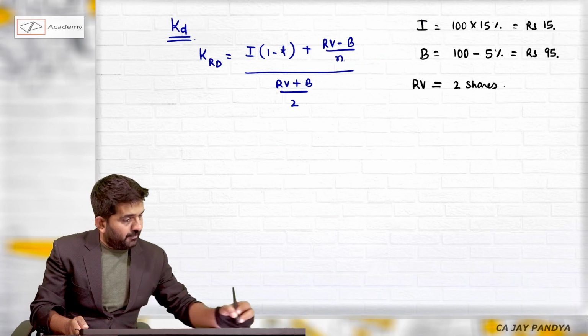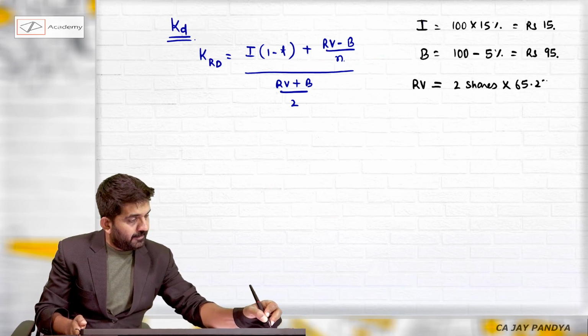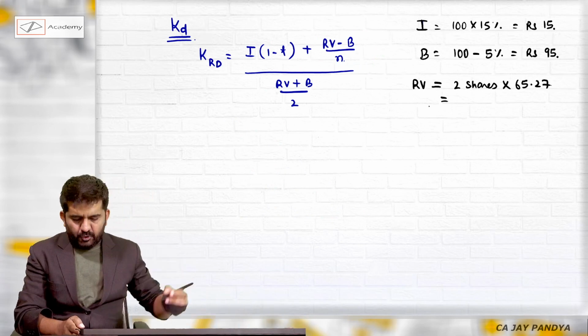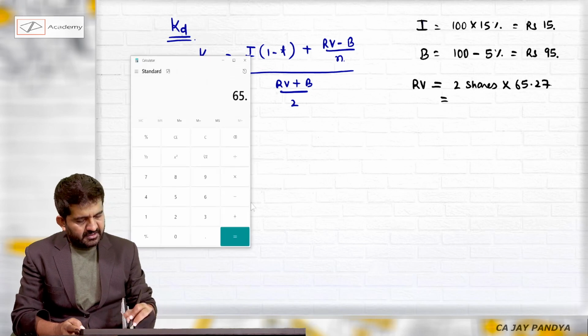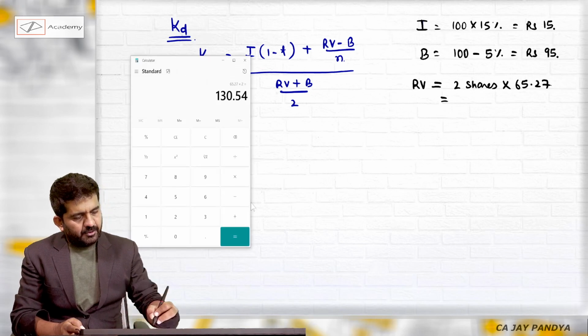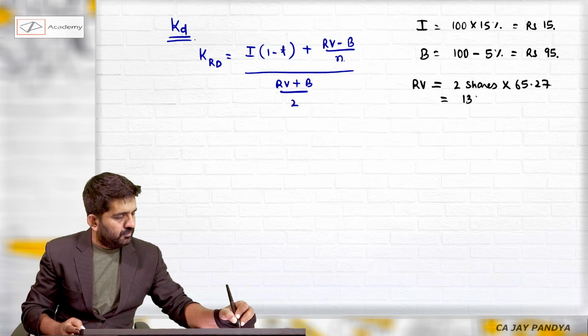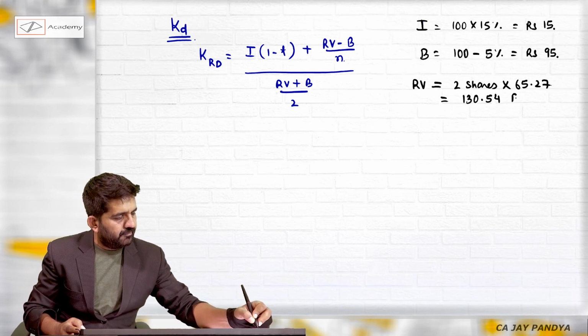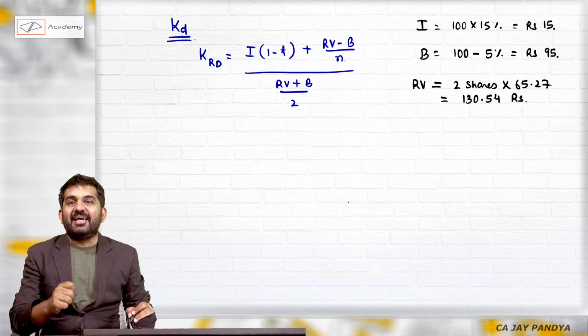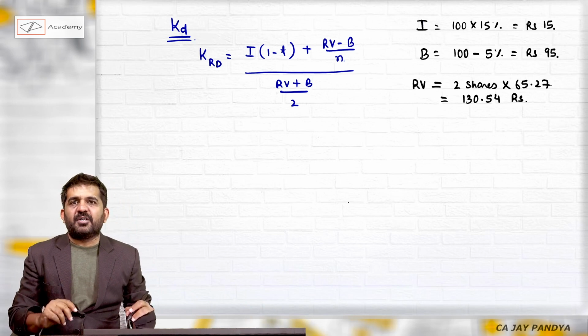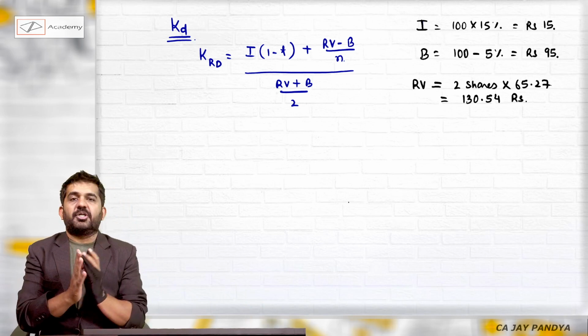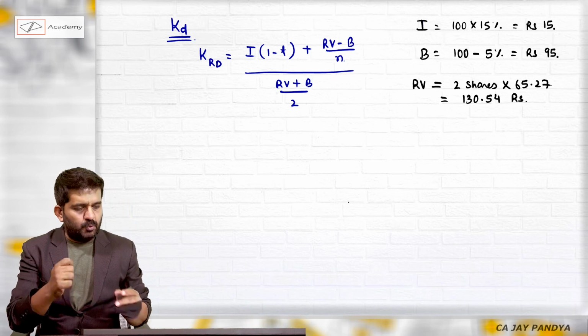It is 65.27. How much total value you will be paying them? 65.27 multiplied by 2, that is 130.54. So I am paying each debenture holder after 6 years, practically 130.54 in form of 2 shares.